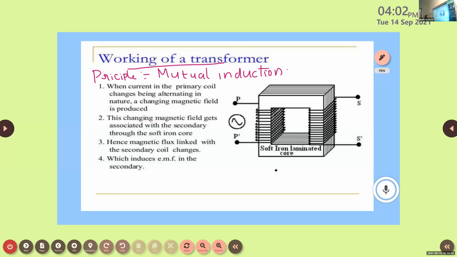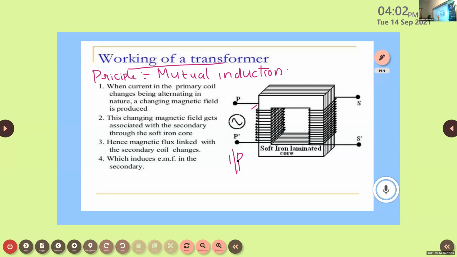So here they explain how the transformer works. When the current in the primary coil changes, here we are applying an alternating current to the primary coil. Then what happens? The magnetic field is changed. When a current is applied to this input end, the magnetic field associated with the primary coil changes.